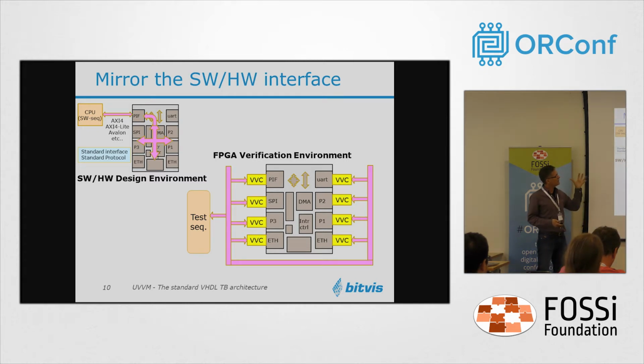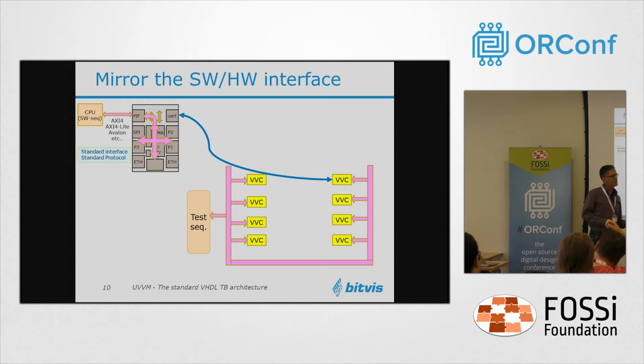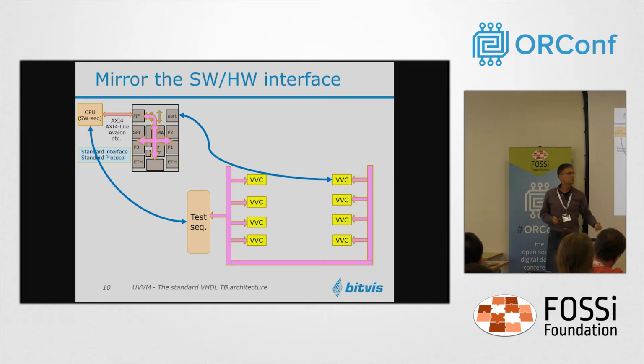So if we now compare these systems, just forget about the FPGA in this case, and just compare this verification environment with this hardware-software interface. Basically, these verification components are mirroring the peripherals of the hardware. And the test sequencer here is mirroring the software running on the CPU.